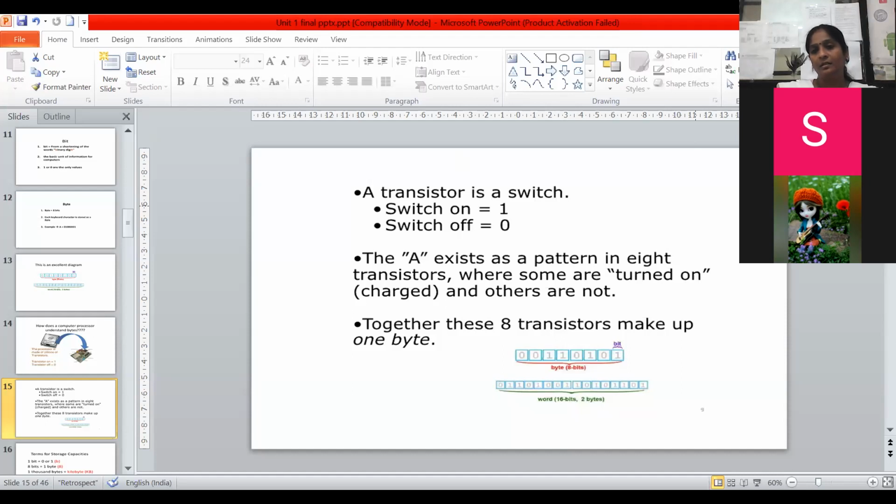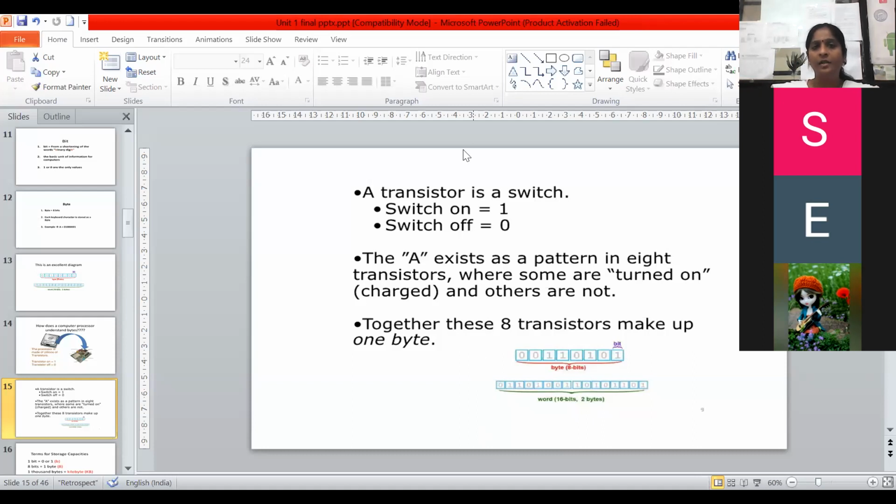Now it is visible. Shraddha, now the screen is visible?